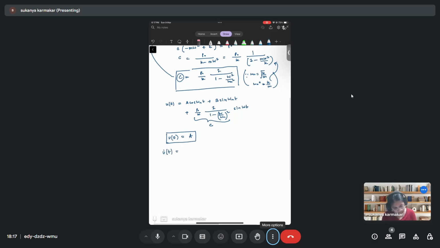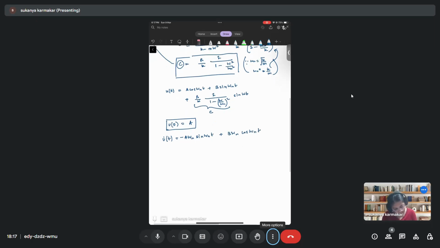That will be minus a omega n sine omega n t plus b omega n cos omega n t plus P naught by k times 1 over 1 minus omega by omega n whole square, times omega cos omega t.